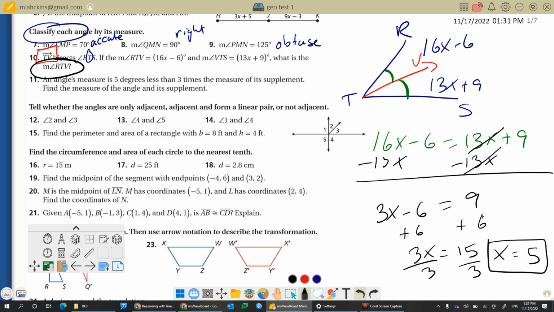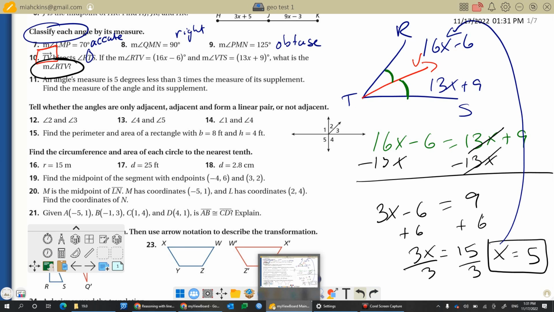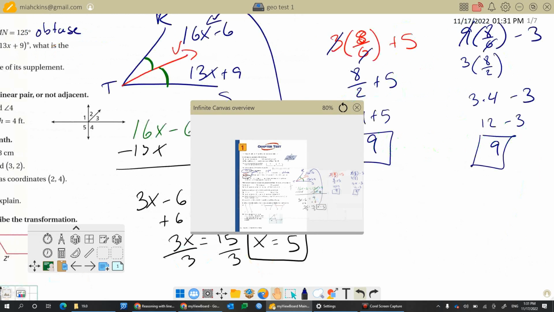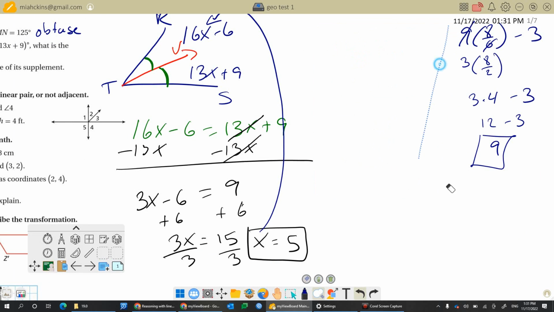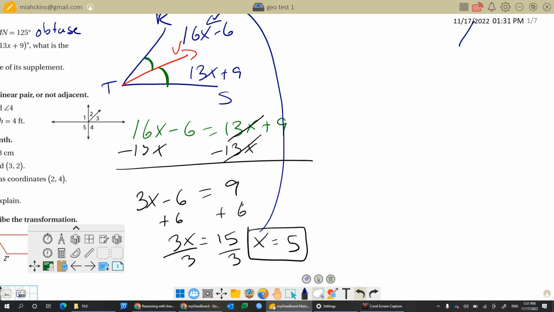So we find out that x is equal to 5, but we are not done because we want to know what RTV is. So what do we do with RTV? Well, we're going to substitute the x in here, and so if we substitute x in, we are going to end up with 16x minus 6.